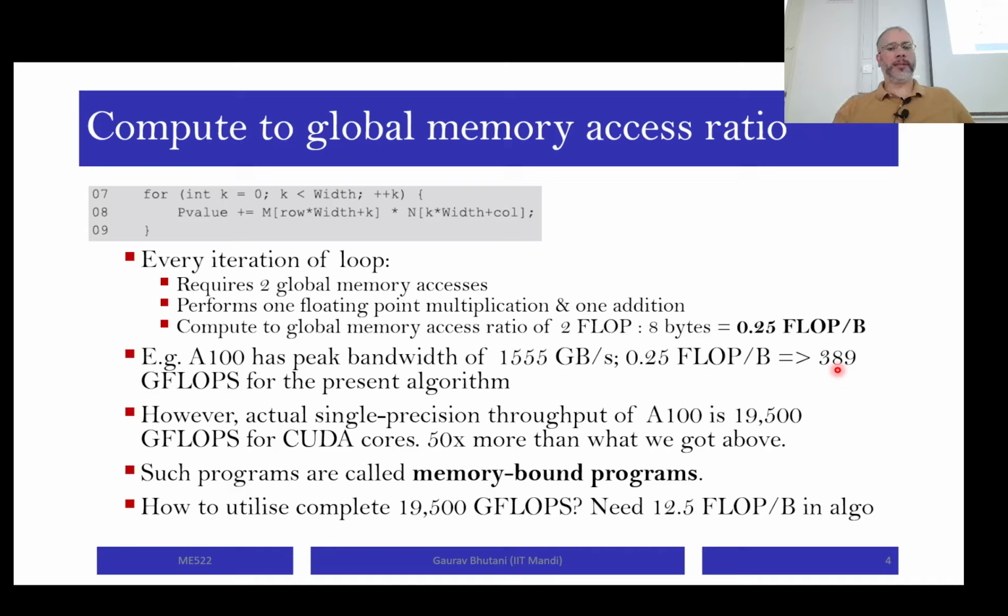Okay. So in the present algorithm that you are using, you can do a maximum of 389 gigaflops. That is 389 times 10 to the power 9 floating point operations per second. And this is constrained because of the bandwidth of memory that you have here, 1,555 gigabytes per second.